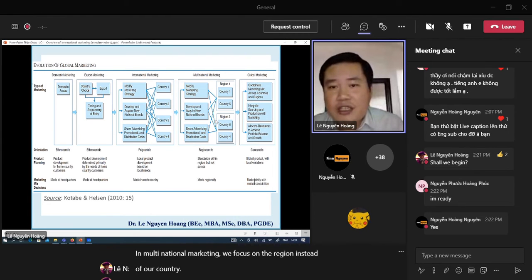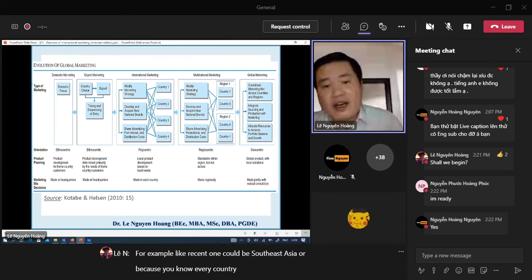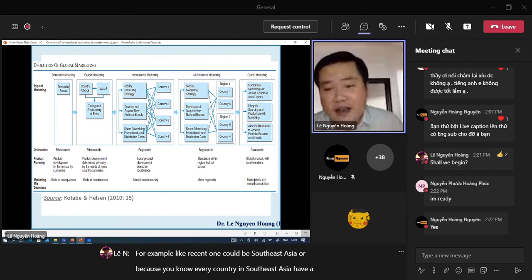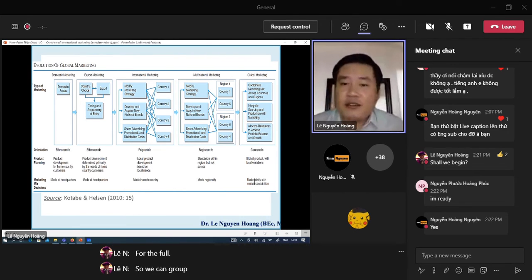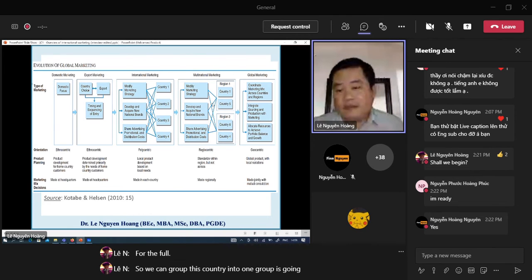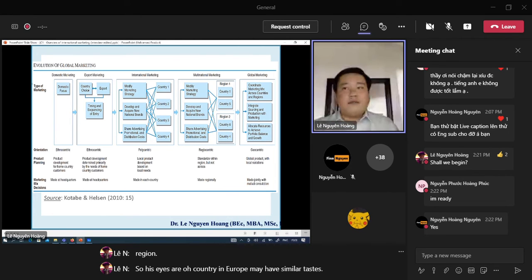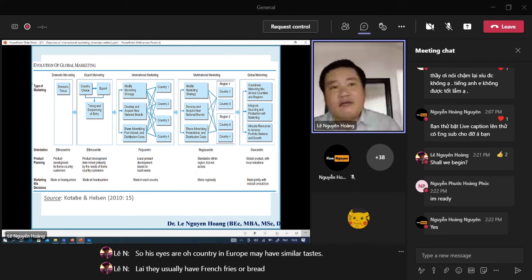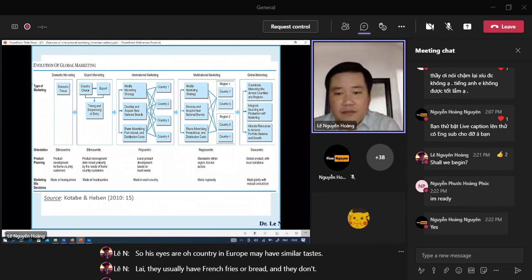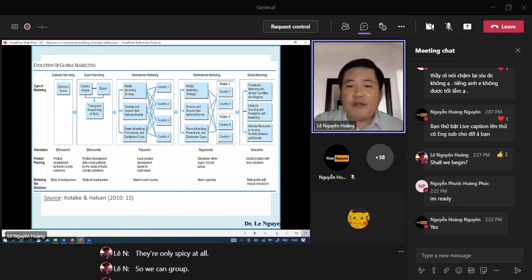For example, one region could be Southeast Asia, because every country in Southeast Asia has a similar taste for food, so we can group these countries into one group called a region. Countries in Europe may have similar tastes, like they usually have French fries or bread and don't eat spicy at all, so we can group countries in Europe into one region.